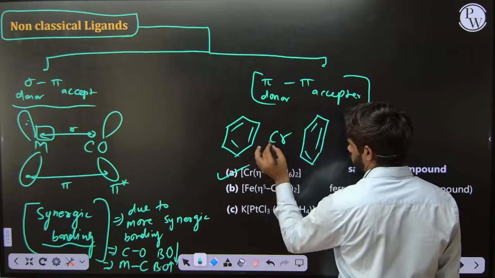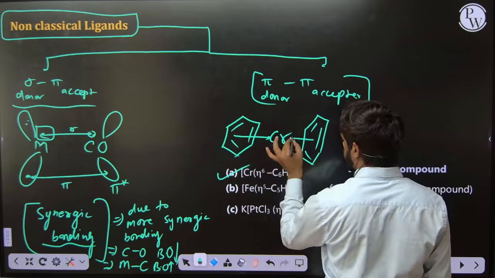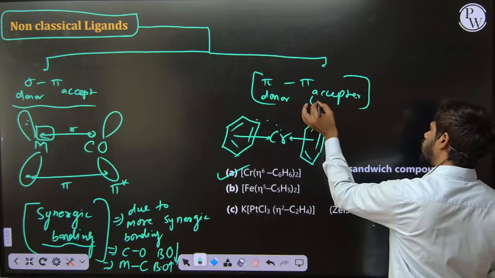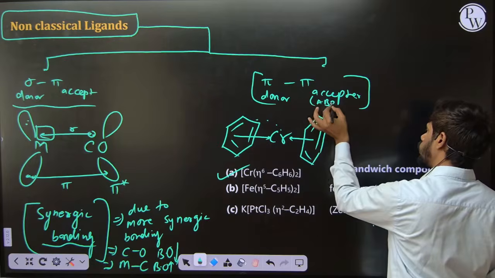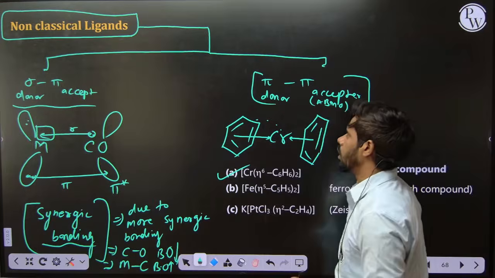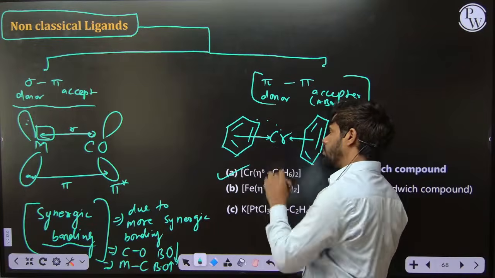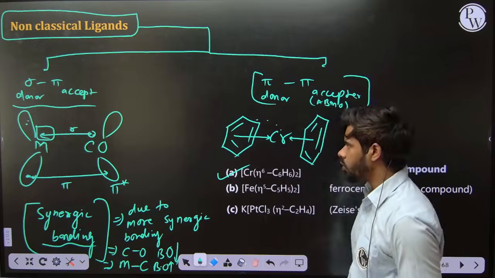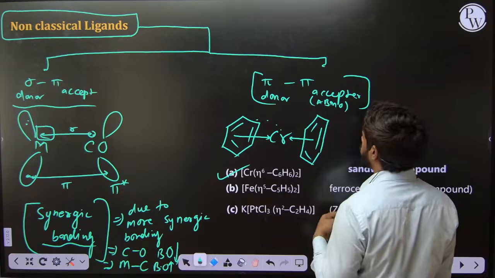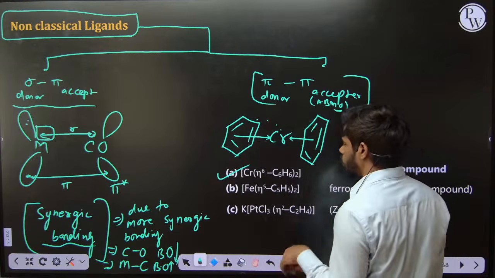So chromium can take its electron pair, and it can give its electron pair to the ABMO. So that is also a type of pi donor and pi acceptor, since it is donating its pi electron and accepting into its pi anti-bonding molecular orbital.